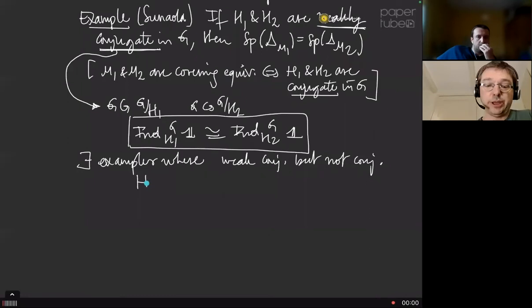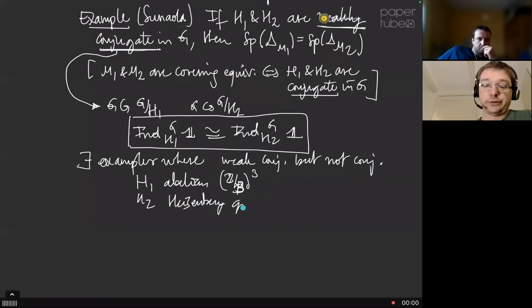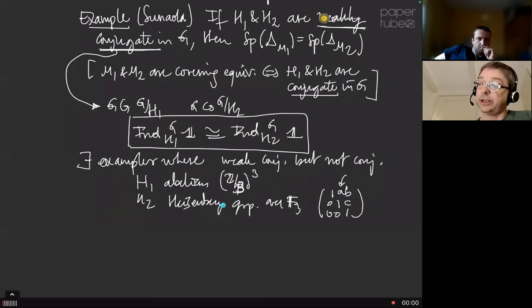You could take an abelian group of order p cubed for some prime p, maybe we just do 3. And you can take H2 to be the Heisenberg group over a finite field with 3 elements. So, a group of matrices like this, with these entries mod 3. And these groups are weakly conjugate inside the larger one, but they are not conjugate because the one is abelian and the other one is not abelian.